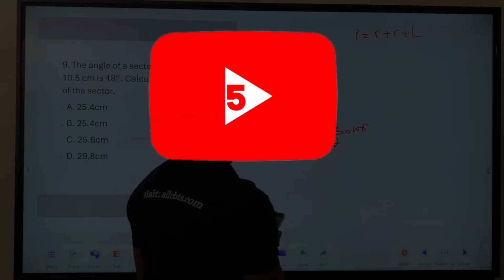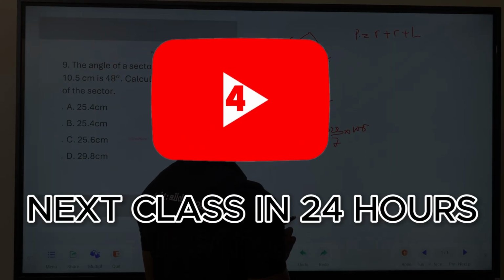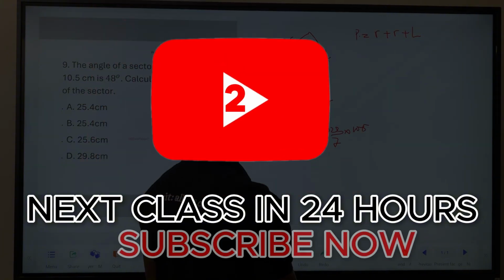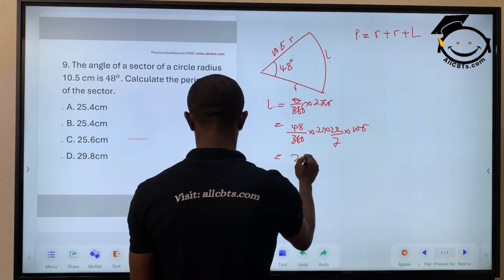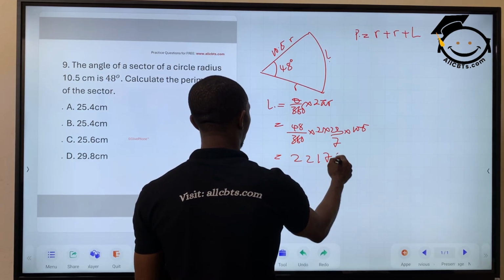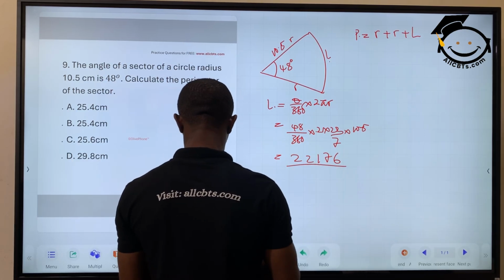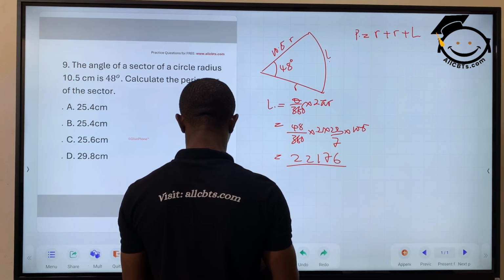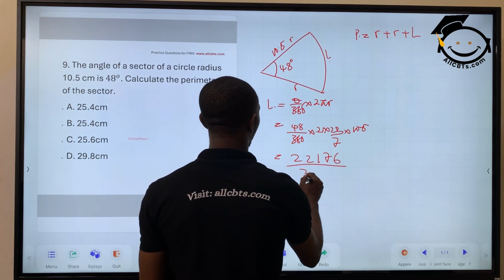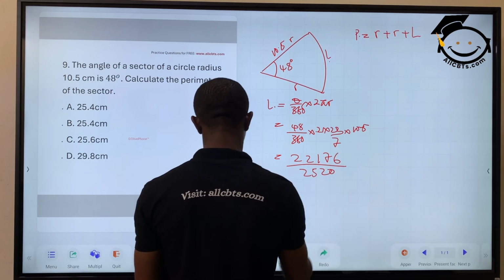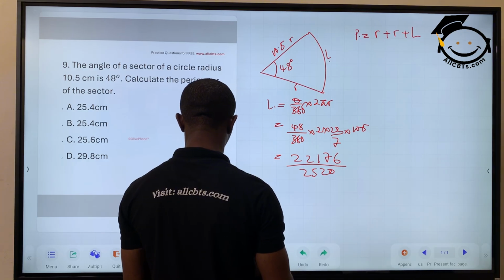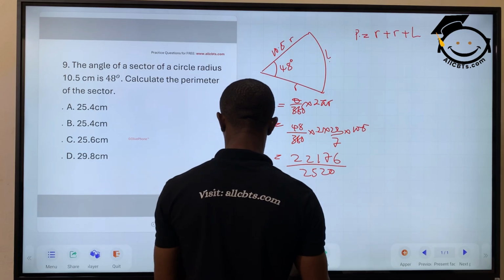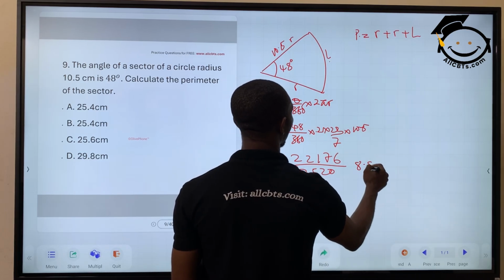Okay, so calculating this out, we have 48 times 2 times 22 times 10.5 will give us 22176, all over 360 times 7, which is 2520. So 22176 divided by 2520 would give us 8.8.